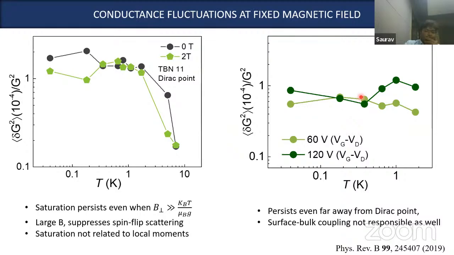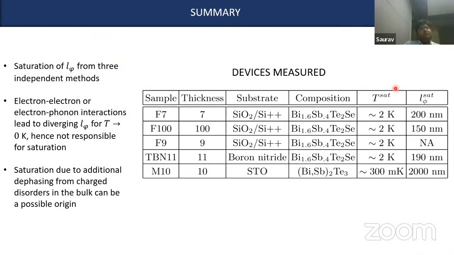So this is a summary of all the devices that we measured here. We looked at the saturation of the phase breaking length from electron-electron and electron-phonon scattering, from three different methods, basically UCF, magnetoresistance and noise. And we find that there is a saturation, but the temperature itself is also material dependent in some form.